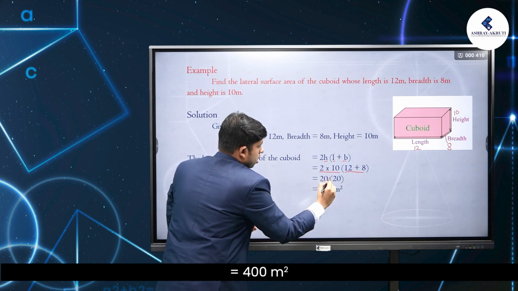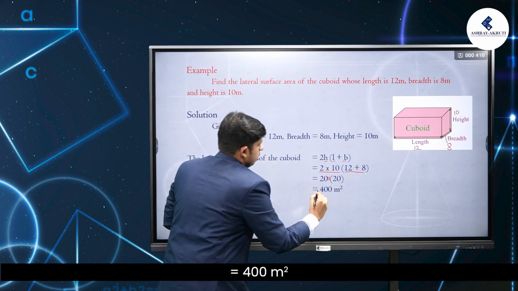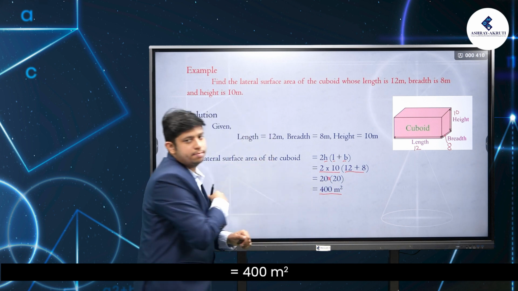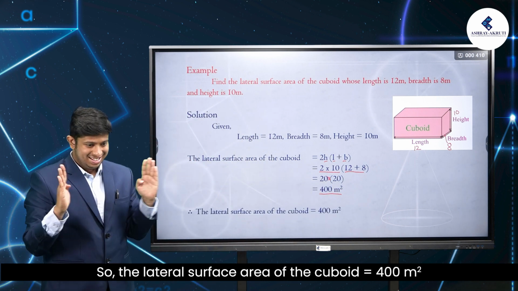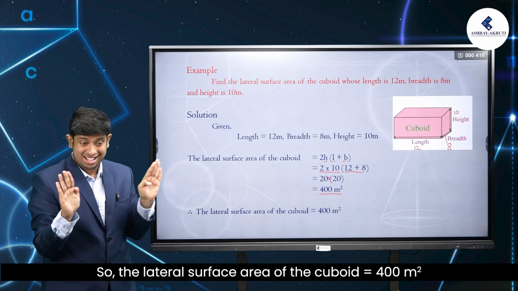That is equal to 400 meters square. So, the lateral surface area of the cuboid is equal to 400 meters square.